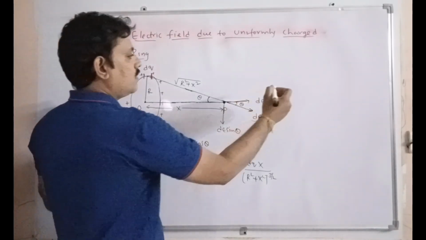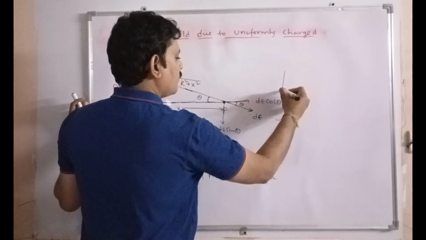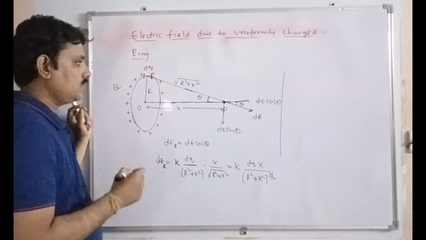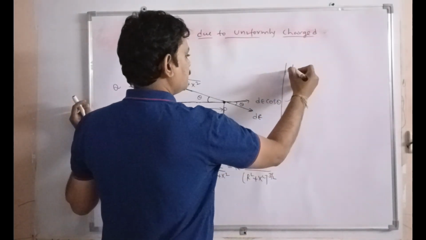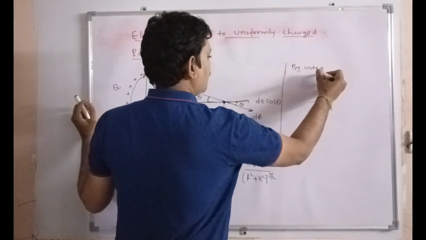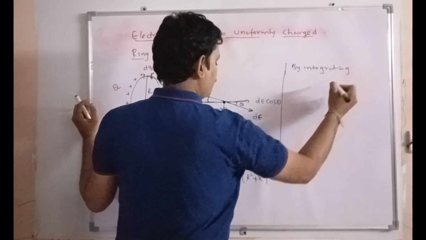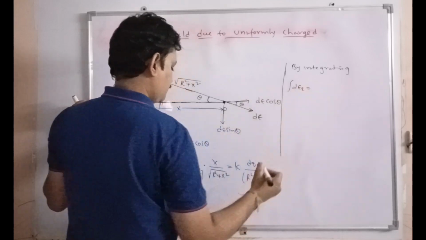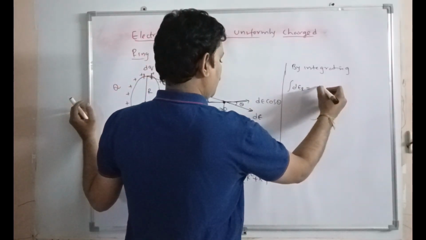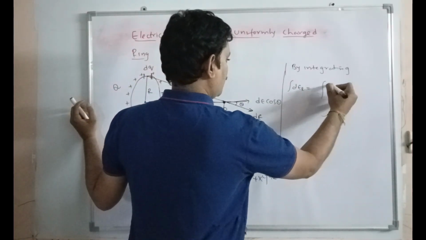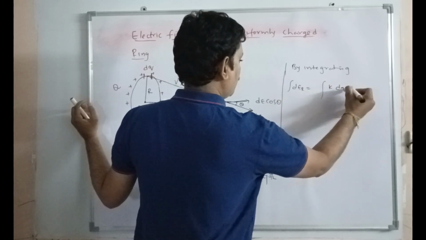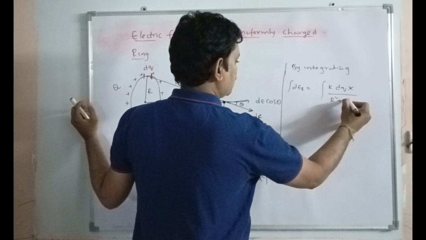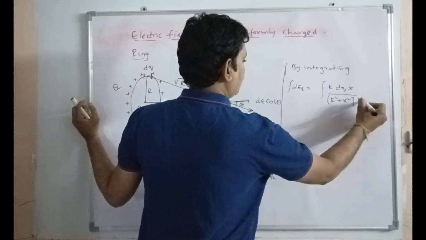And then we integrate to get the total electric field. By integrating on both sides, integral of dE_R is equal to integral of k into dq into x by r square plus x square whole power 3 by 2.